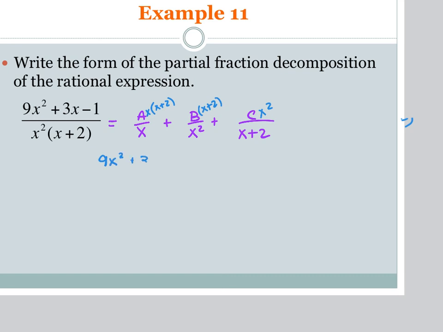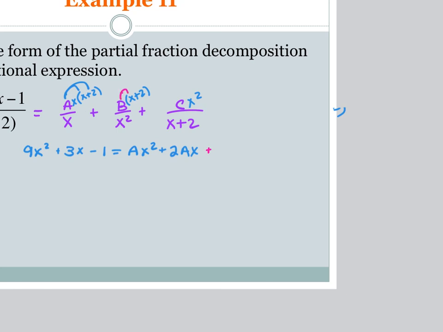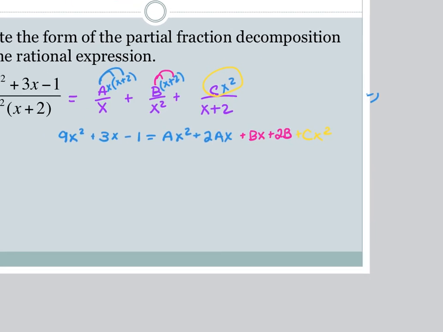So 9x squared plus 3x minus 1 equals, multiply this out, Ax squared plus 2Ax plus B times each of these, Bx plus 2B plus Cx squared.